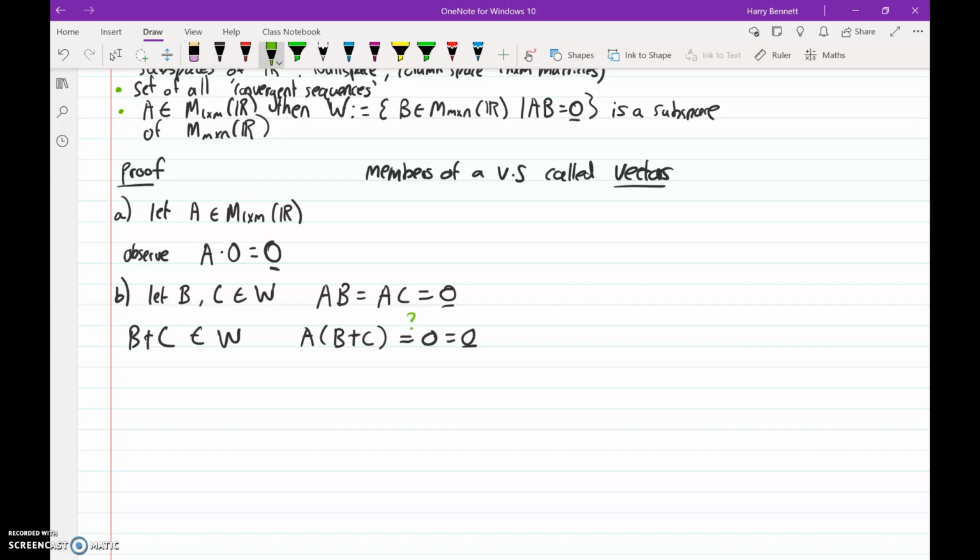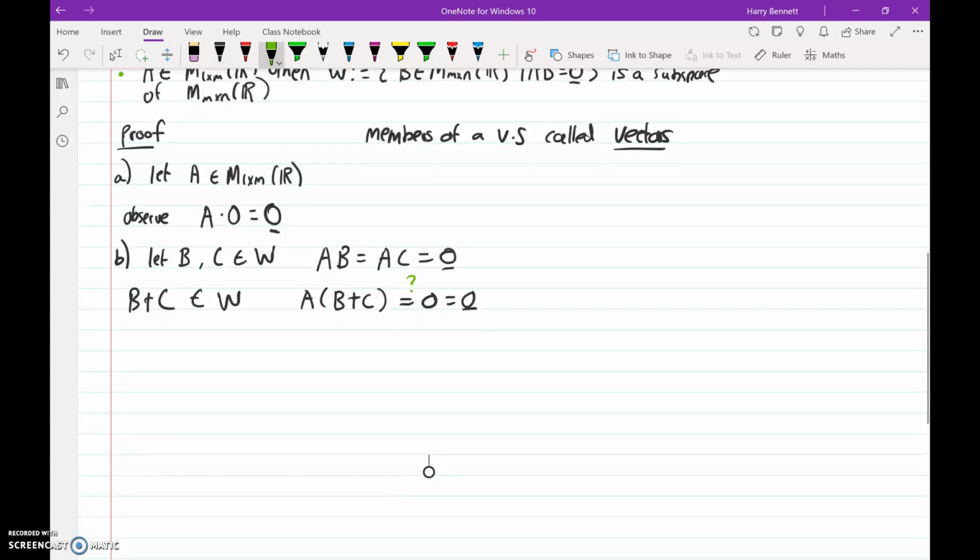So does this equal the zero element? Well, let's try and work backwards. This is how you do proofs in maths: you want to show a result, so you can work backwards. So the formal proof would be like this.